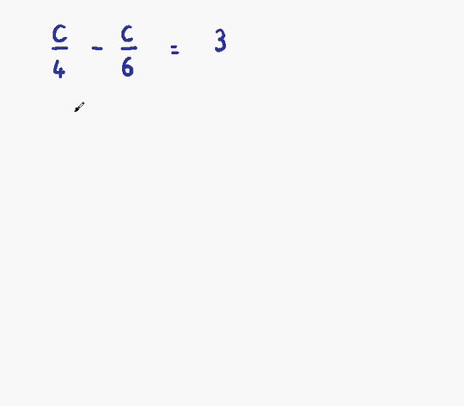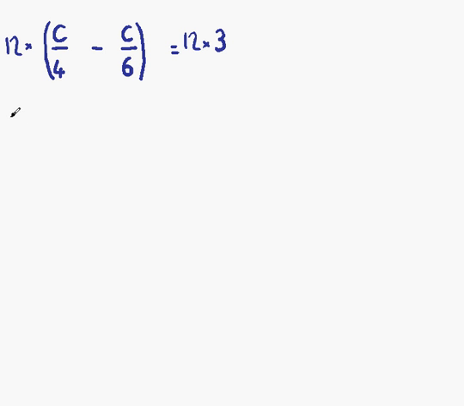So what we're going to do is multiply each side of the equation by 12. First things first, we'll put this side of the equation in brackets. We're going to multiply that by 12. And remember, in order for the equation to stay true, we must multiply both sides by the same amount.